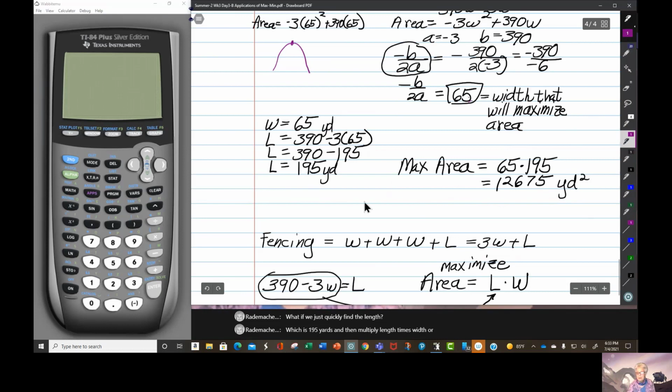Or here, I multiplied width times length. Same thing. And the answer is 12,675 square yards. Lots of room for cattle and sheep. Actually, I don't know what makes lots of room for cattle and sheep.